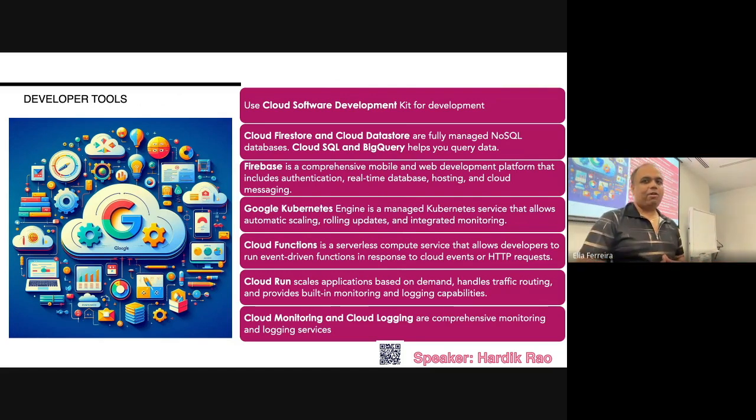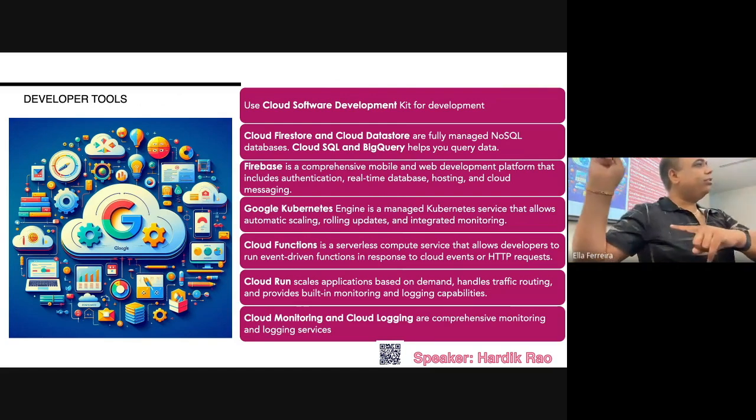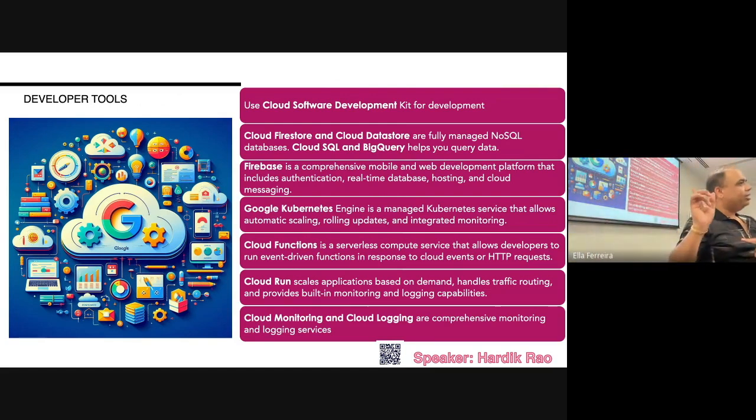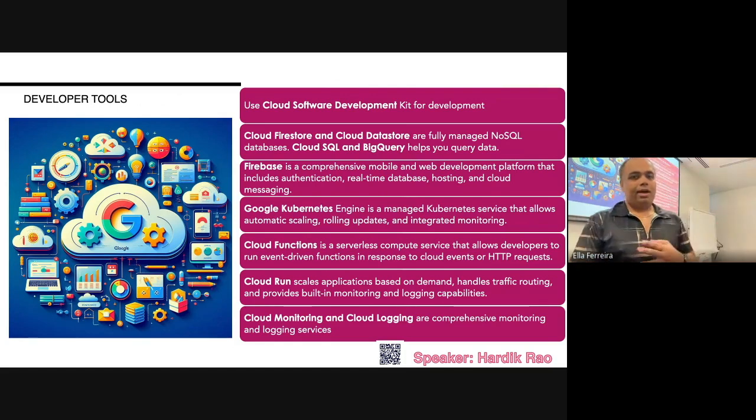Firebase is a comprehensive mobile app and web development platform that includes authentication, database, and cloud messaging out of the box. So, going back to my previous idea where I said we use Firebase for the Possum Match app, I have got the authentication, I have got the web development platform, and I have got the real-time database. So I've got that out of the box.